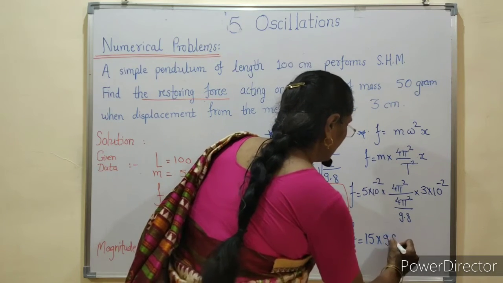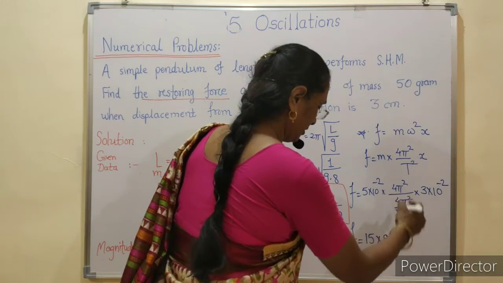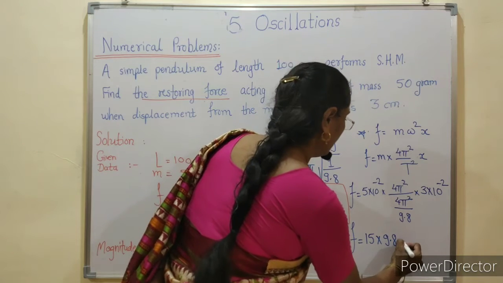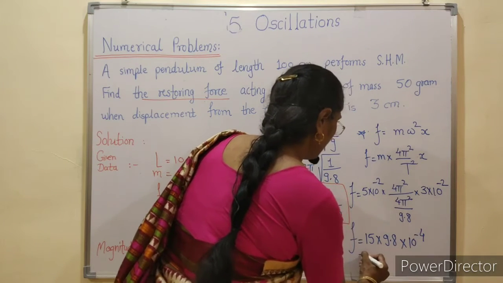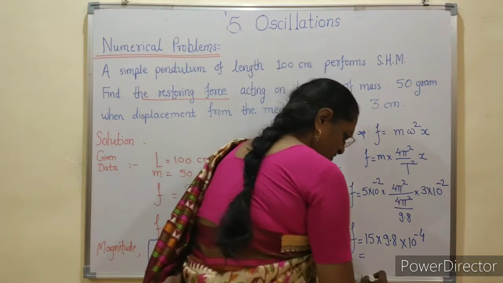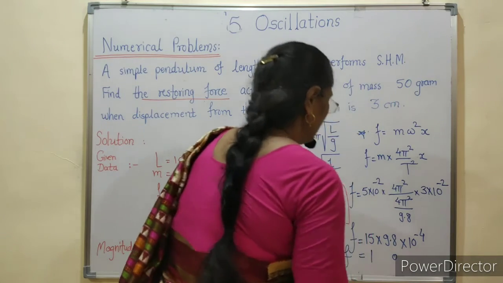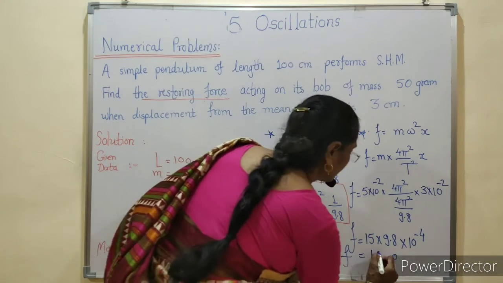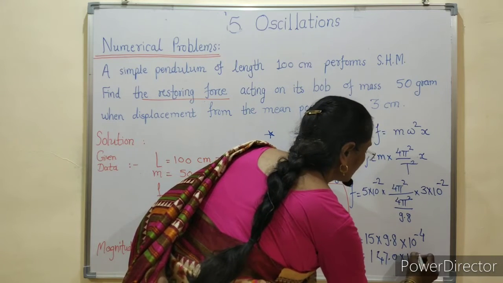Divided by 9.8, the denominator 10 raised to minus 4 can be shifted in the numerator. Now this multiplication gives 147.0 into 10 raised to minus 4.